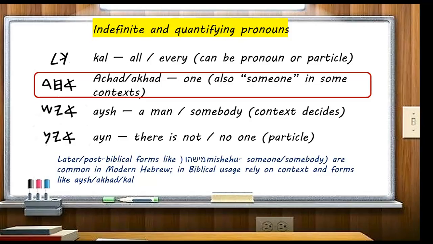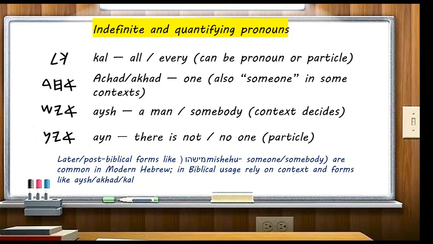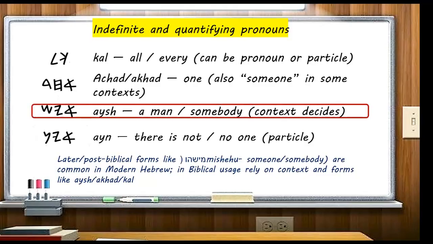Then we go to the word for a man, or somebody in various contexts. You will also see husband, and this is Aish. So you will see Aish being used in some contexts for a man, for husband, and for somebody. Context decides.